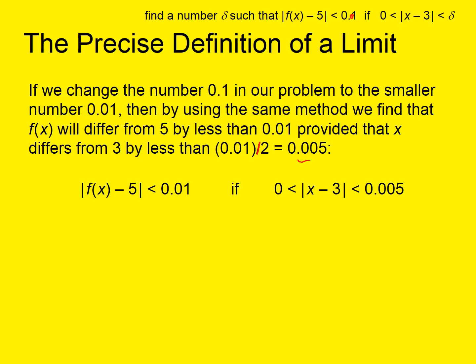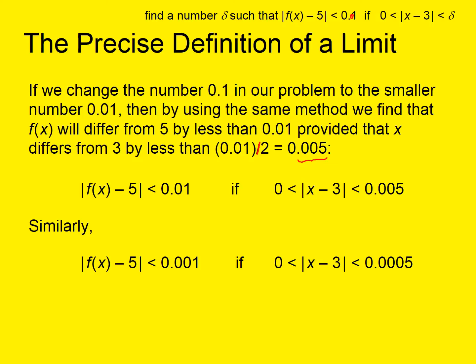Now we're going to divide not the 0.1 but the 0.01 by 2 and get 0.005, not 5/100ths but 5/1000ths. And if we wanted to go one more zero, we would put a 0 in here and get 0.0005 for our delta.